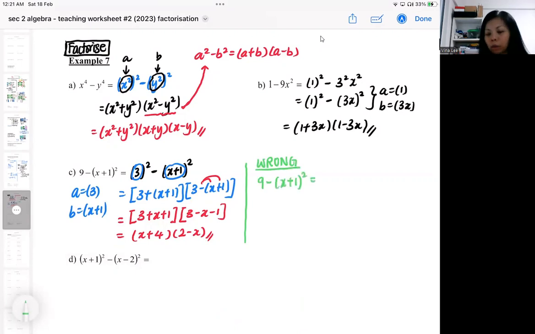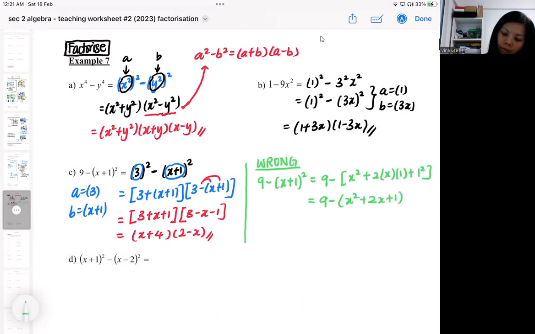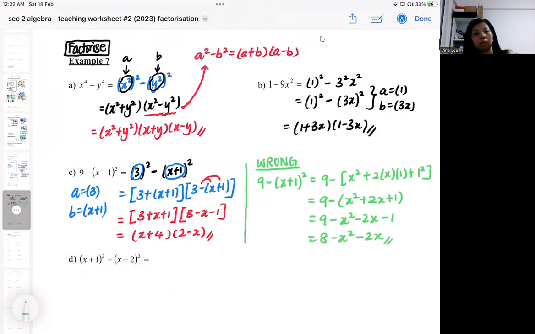As I show you this, do you think you can understand what went wrong? Why is it wrong when a student does this? If a student does until here, why do you think the student is wrong?